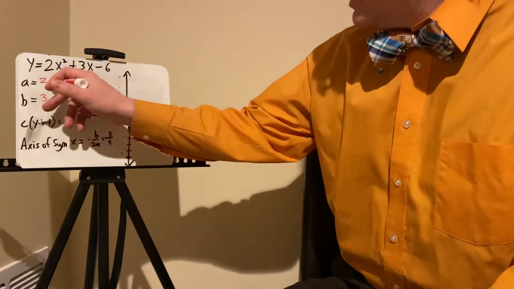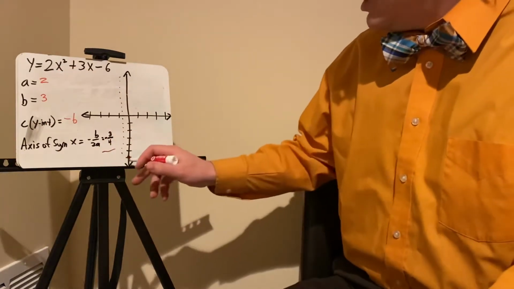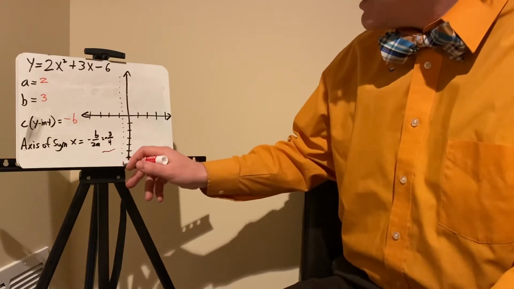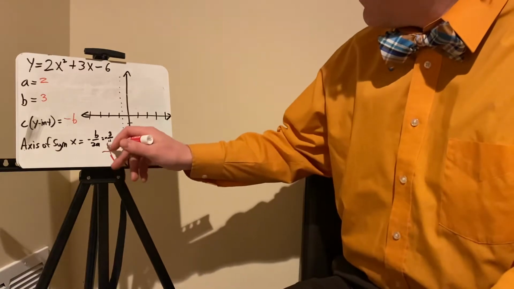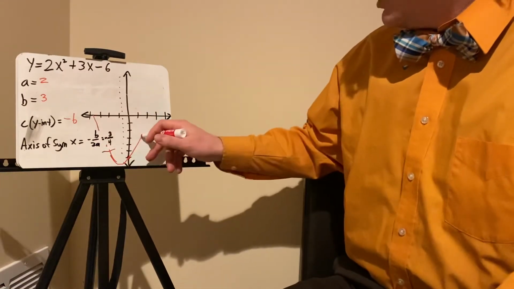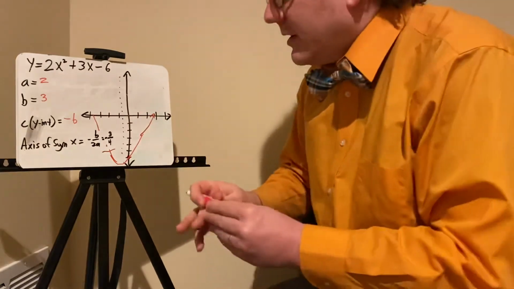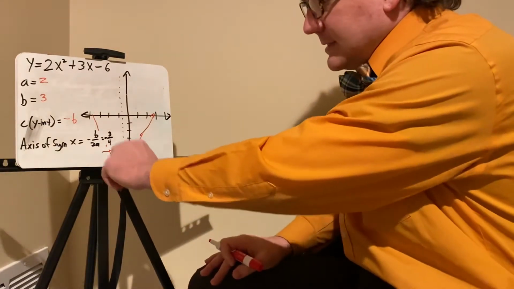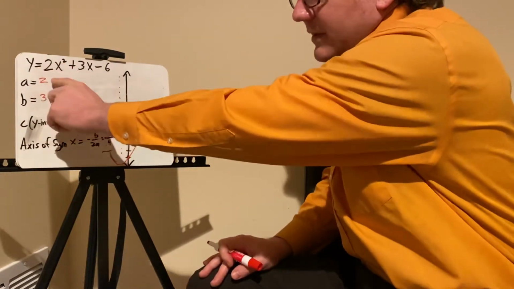And then we have a is 2, b is 3. I already figured this out beforehand. So we know our parabola is going to open up and go like this. We also would have to figure out where it crosses the x-axis. One way to figure out where its vertex is, it's going to be somewhere along this line, and it's going to open up because we have a positive a value.